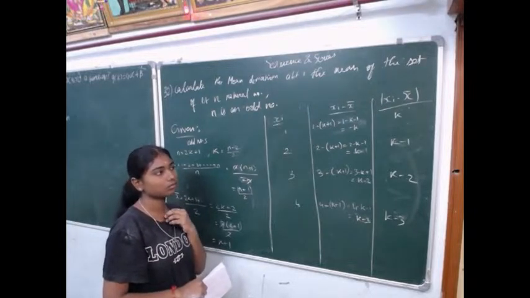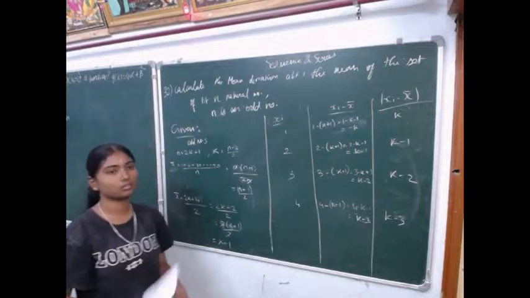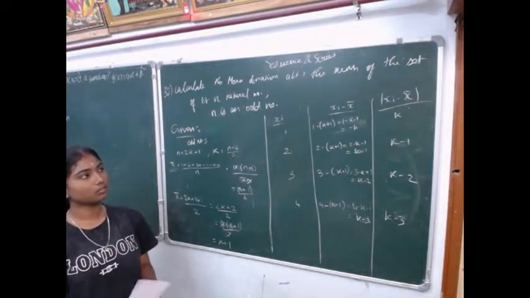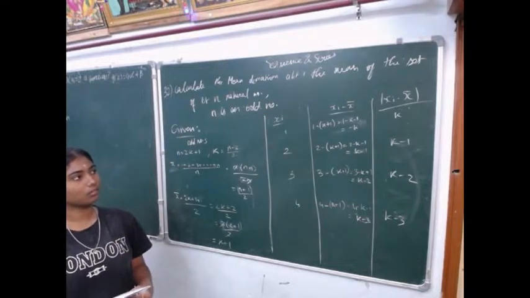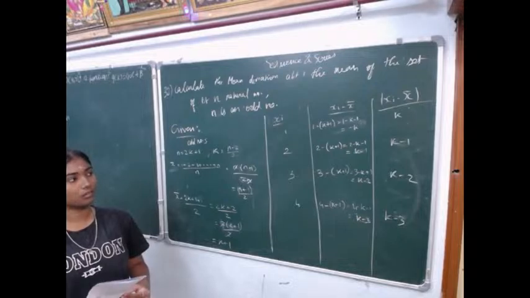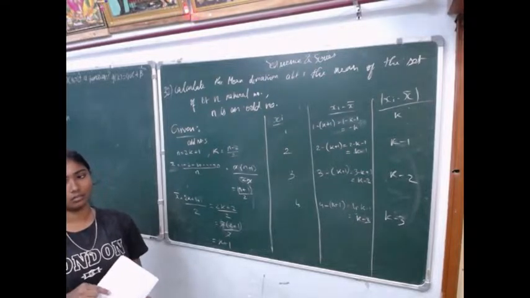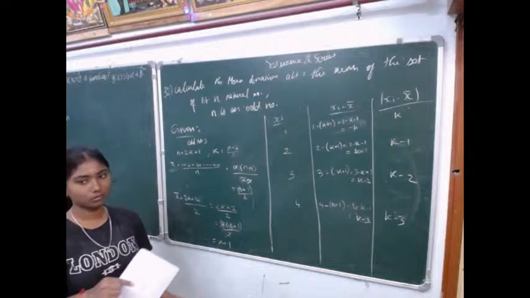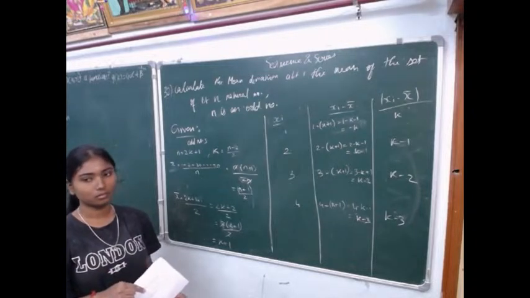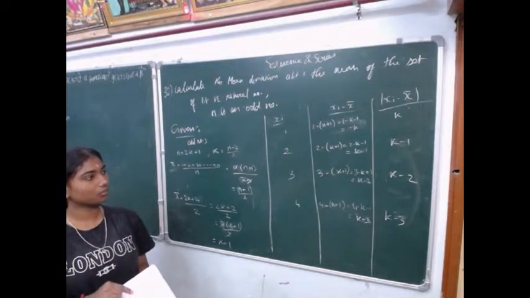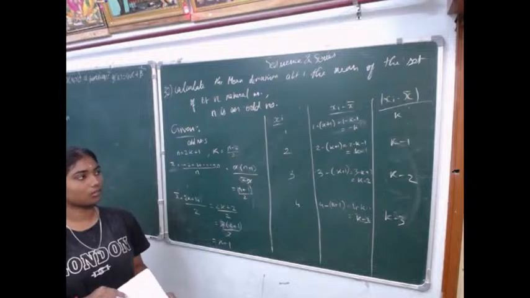Is it not so? What you have written? Minus of K minus 1. It is actually minus of K minus 1. This K minus 1 can be written as minus of what you have done? 2 minus K minus 1.